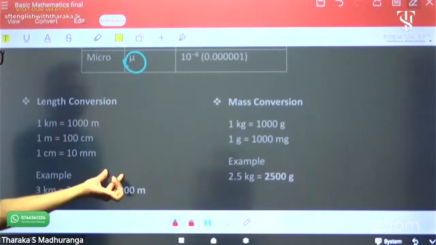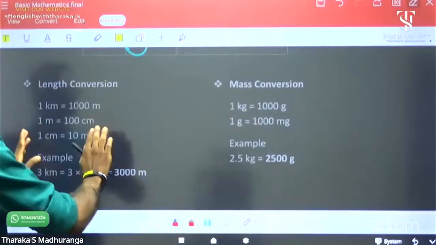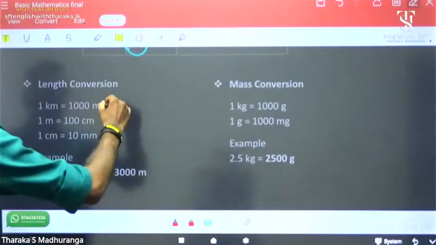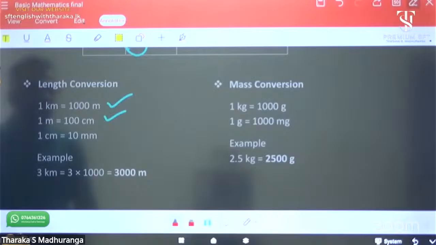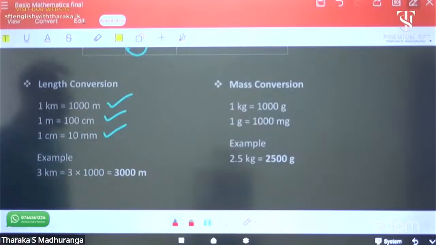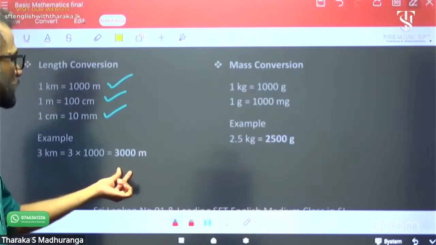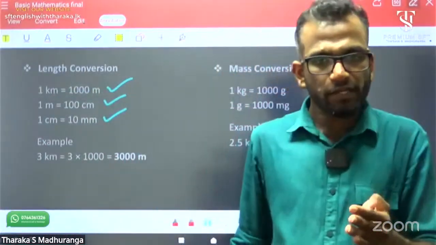That's length conversion. You already know 1 kilometer equals 1000 meters, 1 meter equals 100 centimeters, 1 centimeter equals 10 millimeters. If I have 10 kilometers, convert into the standard unit, meters.